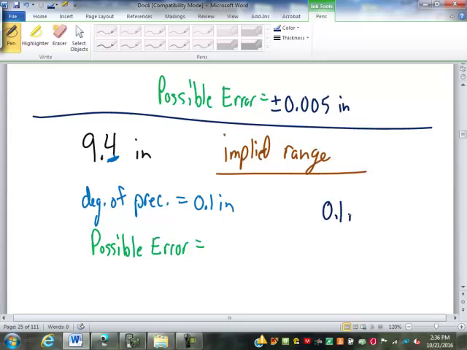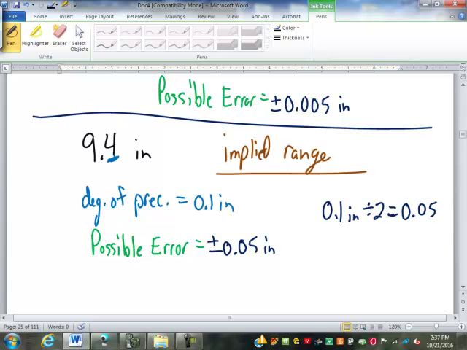Take our 0.1 inch and divide by 2. 0.1 divided by 2 is 0.05 inches. Only one 0, 0.05.